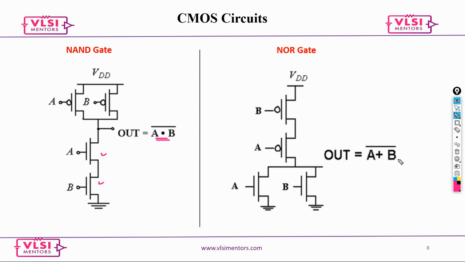A plus B means it is a kind of parallel. Now this parallel thing becomes a kind of series on the top. Can we quickly check? Say A, B, say Z. What is going to be the truth table?